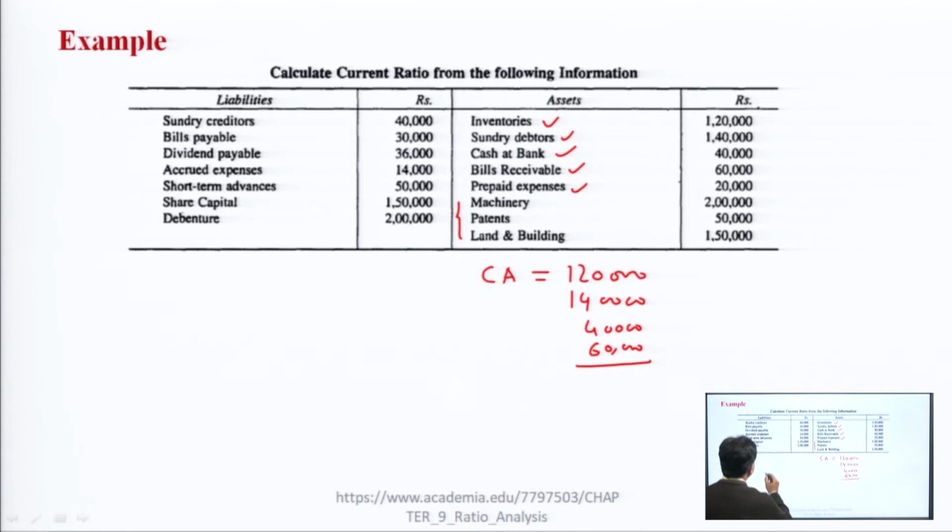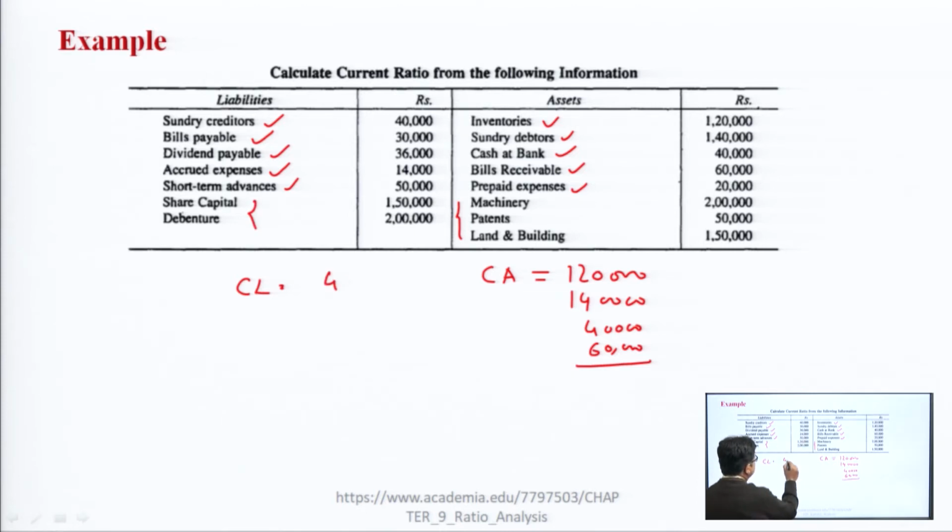Now, from here we will find out the current liabilities. Current liabilities are sundry creditors, bills payable, dividend payable, accrued expenses, short term advances. Share capital and debentures are part of capital, all long term liabilities. So, we will leave out these two.